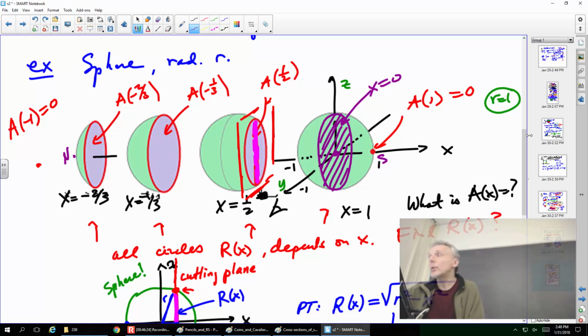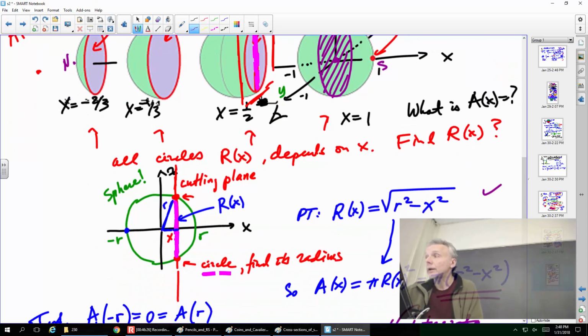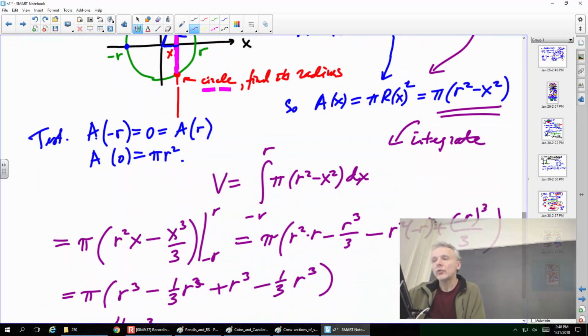So that pi r squared that we used over here, and the Pythagorean Theorem combined together, produced through integration the formula for the volume.